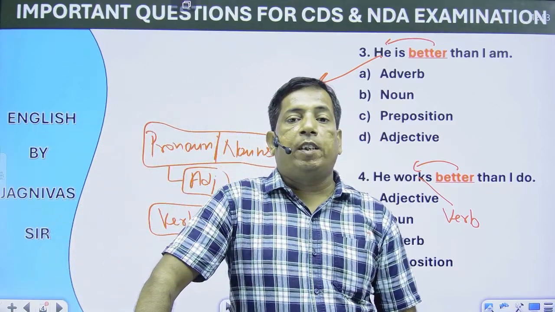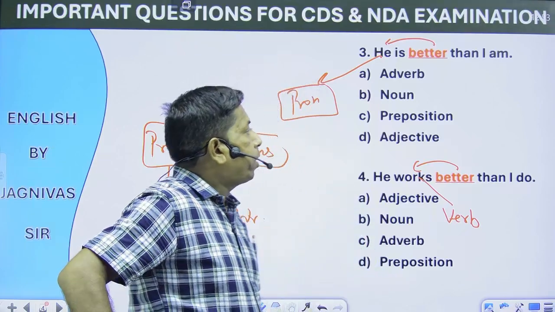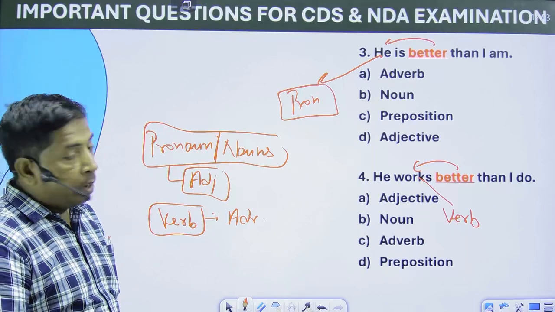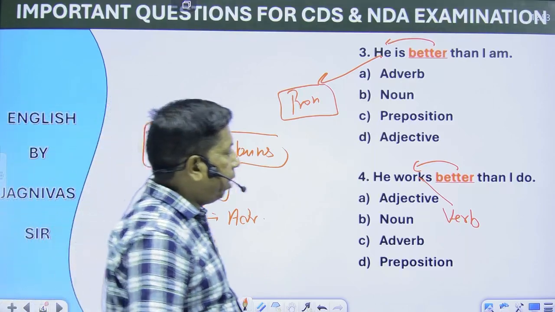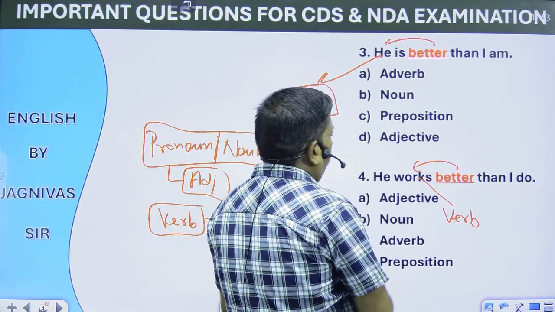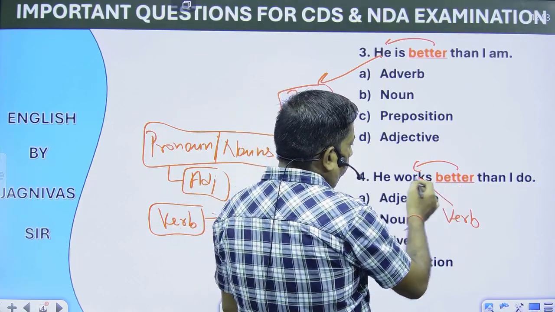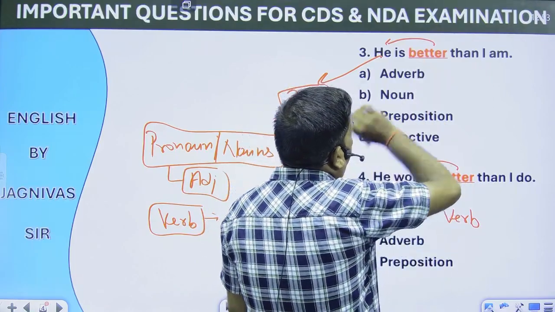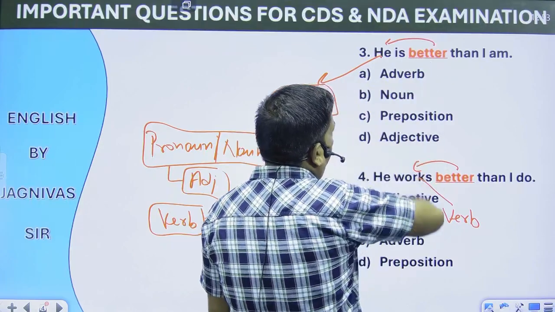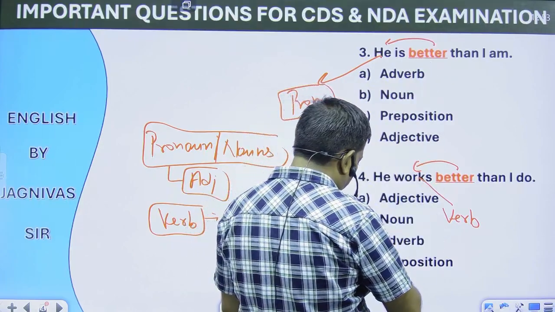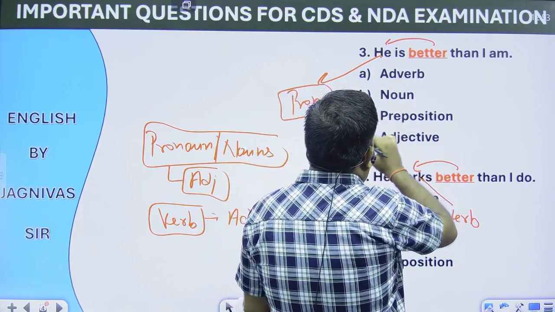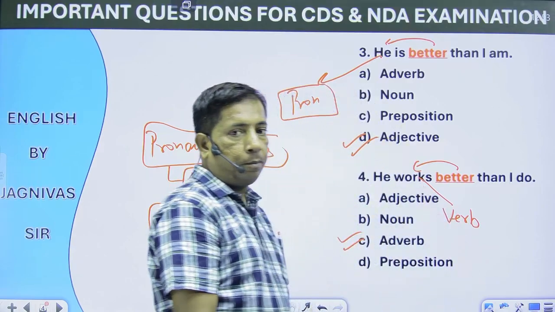So this is the difference between these two words. The word is the same, but the use in the sentence is not the same. So in the sentence he works better, better qualifies works, so it is an adverb. But in the other sentence, better qualifies the word he, so it is an adjective. Okay, clear?